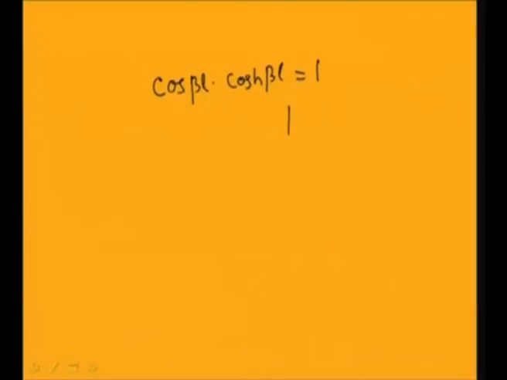So beta L equal to 0 corresponds to the rigid body motion, as we already know the formula for omega. Omega equal to beta square L square root over EI by rho L fourth. So when beta L equal to 0, omega equal to 0, so that means there is no frequency of vibration.